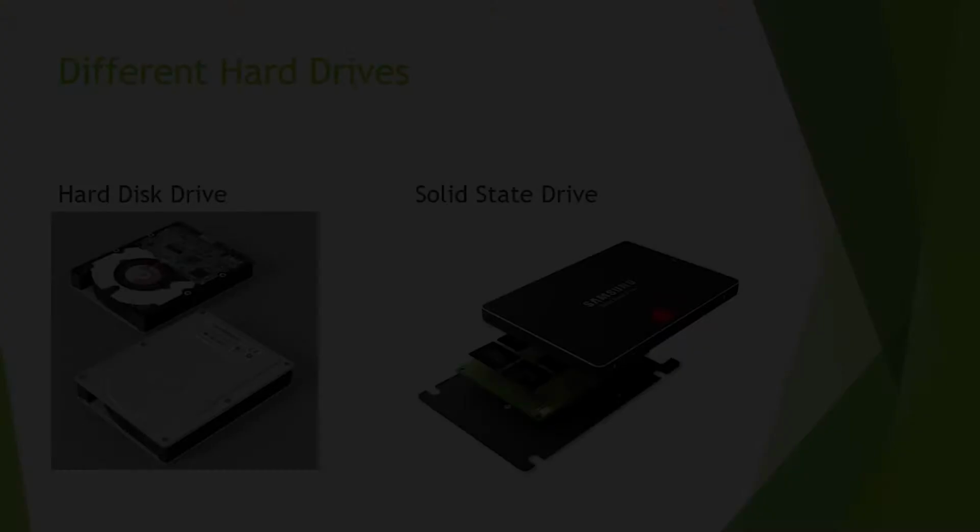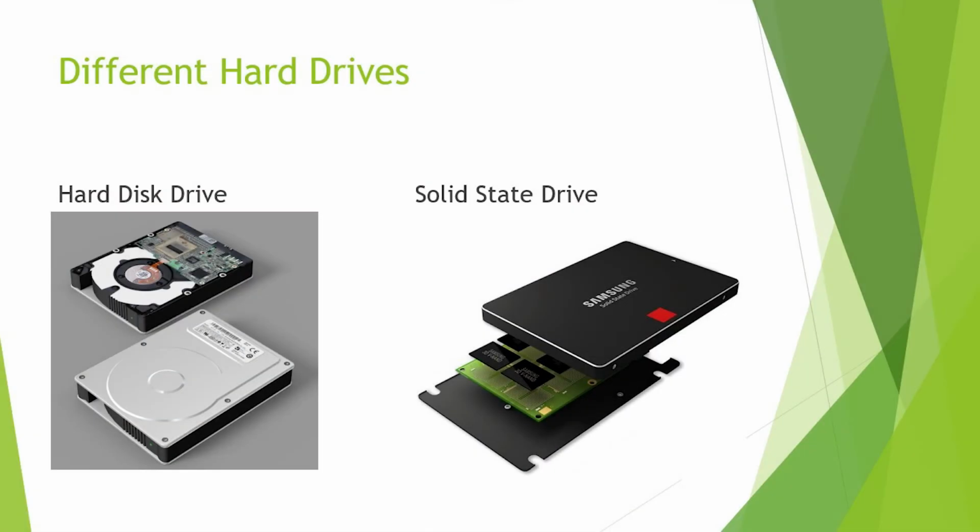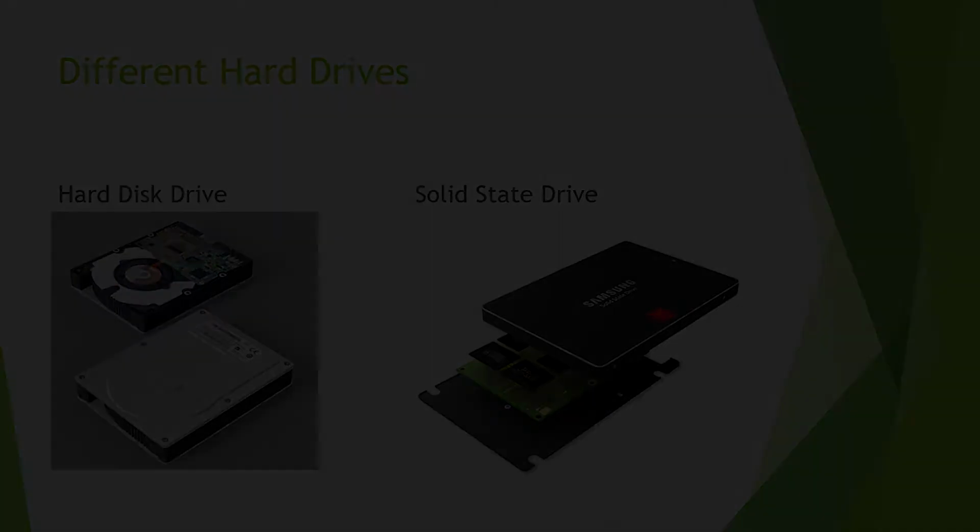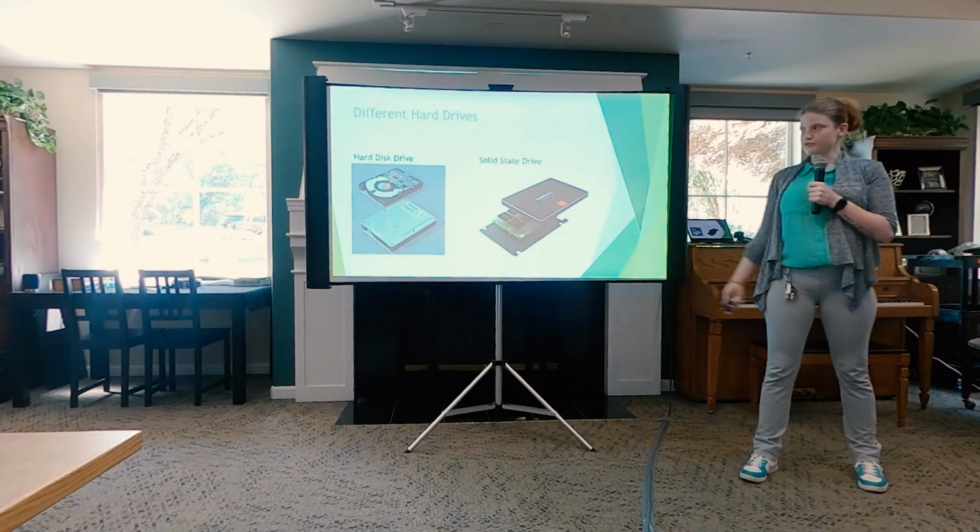So the first hardware component is going to be your hard drive. That is the memory center of your computer, your phone, your tablet, any electronic device is going to have a hard drive. It just depends on what type of hard drive it has. There's two different kinds. There's a hard disk drive and then a solid state drive.